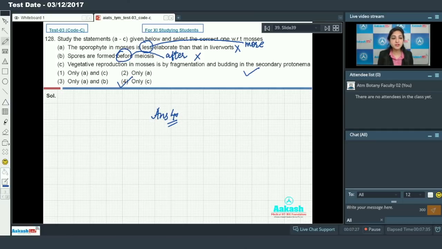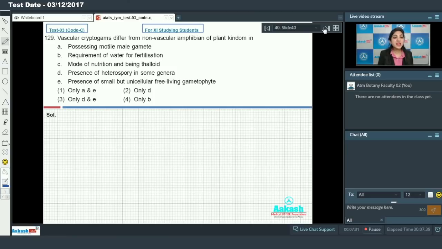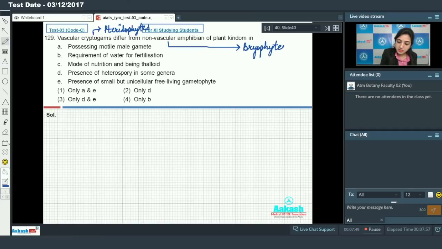Moving on to the next question, that is question number 129. Vascular cryptogams are pteridophytes. They differ from the non-vascular amphibians of the plant kingdom, the bryophytes. So how do pteridophytes differ from bryophytes?